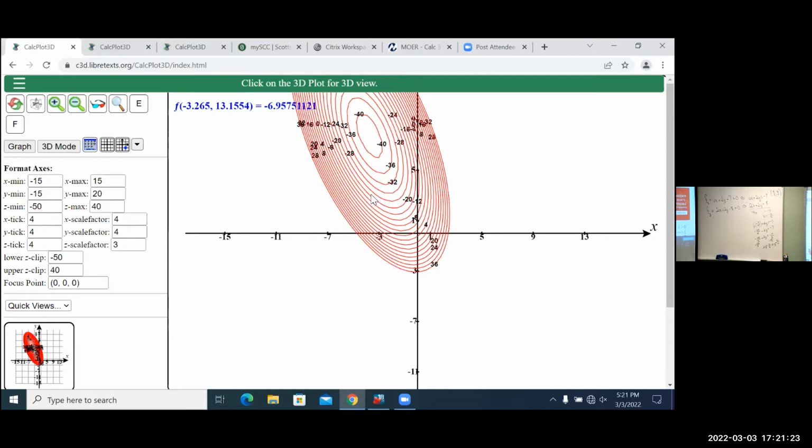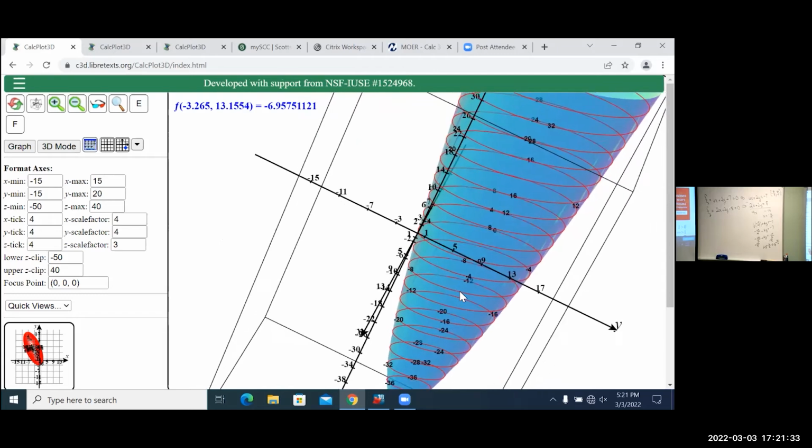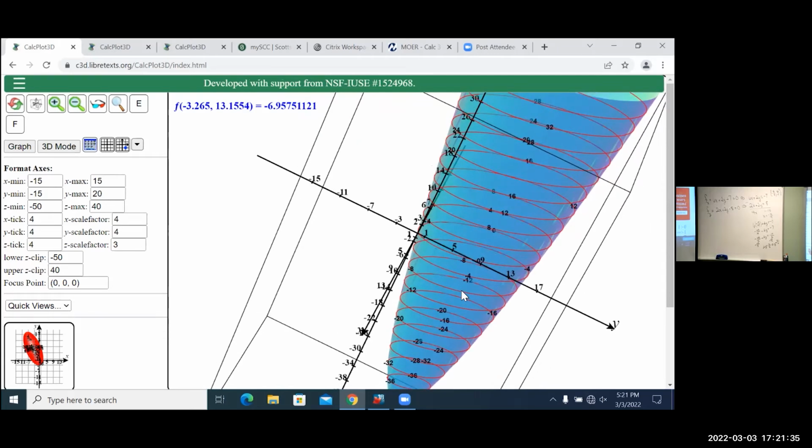Because we would see those concentric circles, and here's exactly why. I guess they're more oval shaped, but we can see them actually on our 3D plot. The contour plot can give us an idea of what we would be expecting to see.